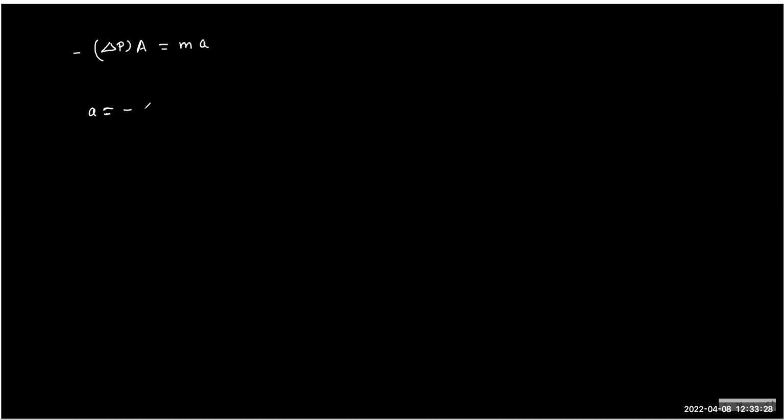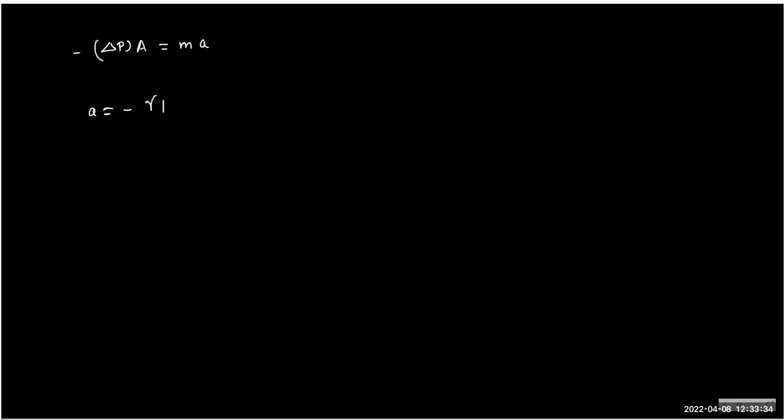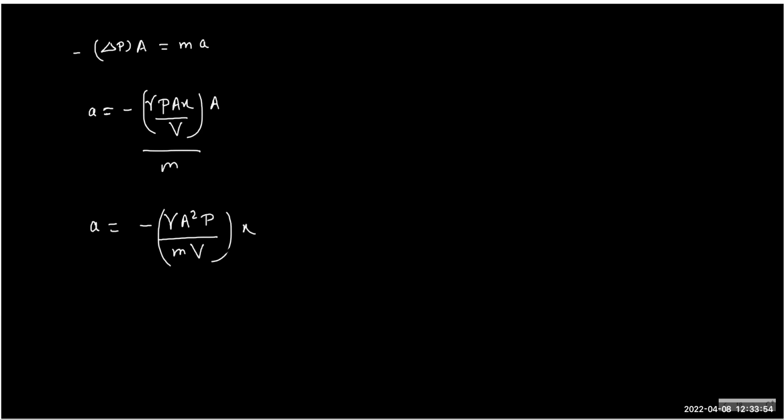Delta P is gamma P A X by V, into A. So the acceleration turns out to be minus gamma A squared P by m V, whole into X. This looks really dangerous, but it's very easy. Don't cancel; this is gamma, this is V.